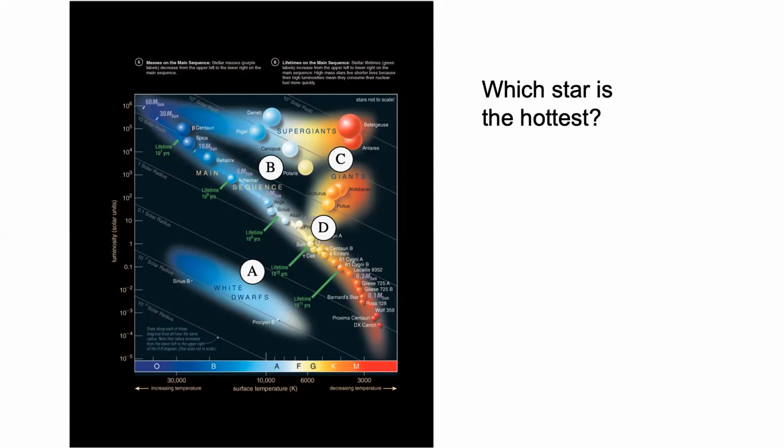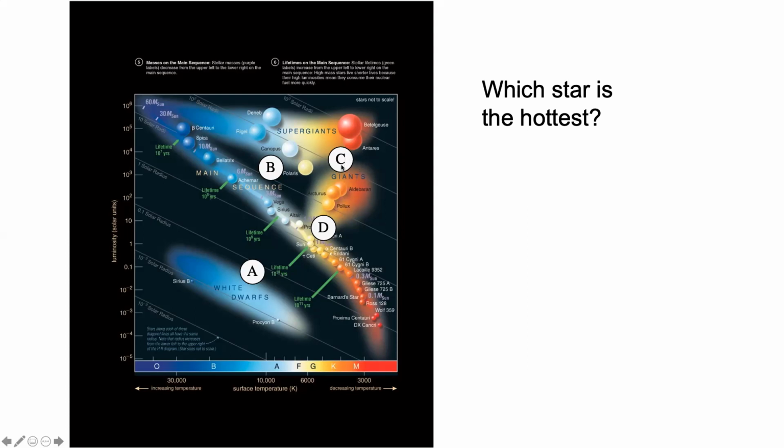Well, again, now we're talking about temperature, right? So we need to be looking at that horizontal axis and seeing which of these letters lines up with the cooler end of the temperature axis. And that would be star C, right?